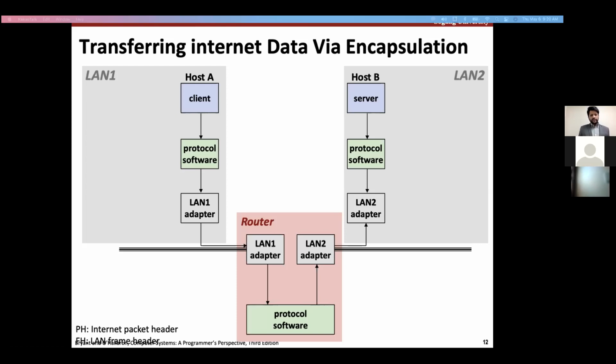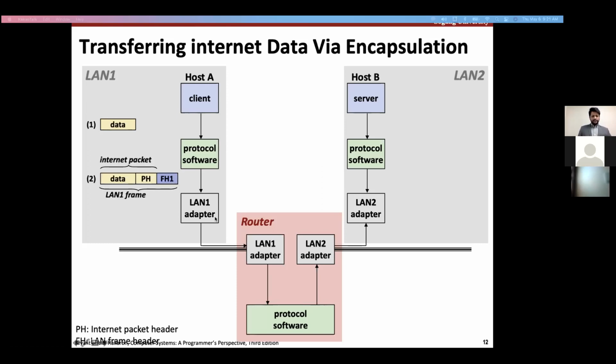Basically, when you are sending your data from one endpoint to the other, you always encapsulate your data. First, the client on host A invokes a system call that copies the data from the client's virtual address space into the kernel buffer. So we have this client, we have the protocol software, and then we've got this adapter on host A.